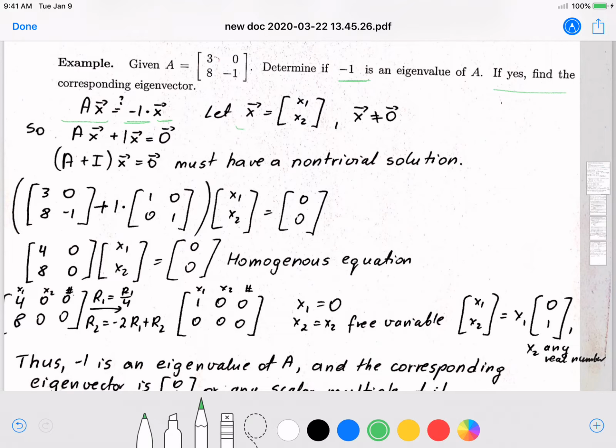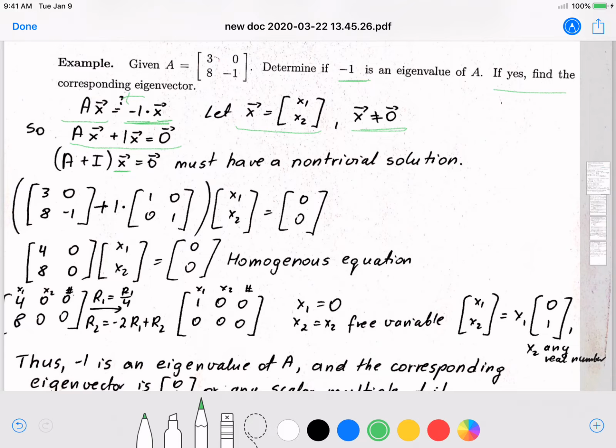So we set up that x has coordinates x1, x2 for some non-zero vector x. If I add x to both sides, bringing the minus x to the other side, I would get Ax + x = 0. Then we would like to factor the x out.